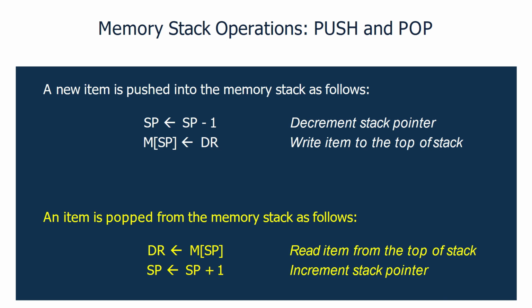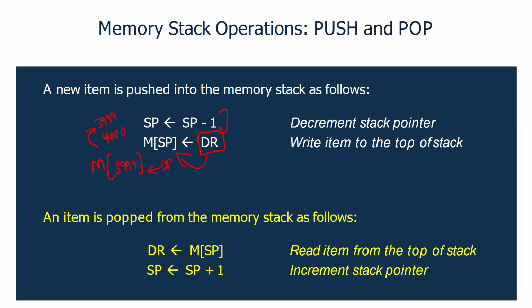In memory, while doing the push operation, SP is equal to SP minus 1, so my 4000 was taken to 3999 while pushing, and then my DR value will be pushed into the memory location M[SP], at memory location 3999.